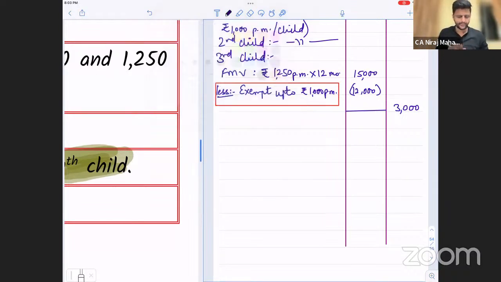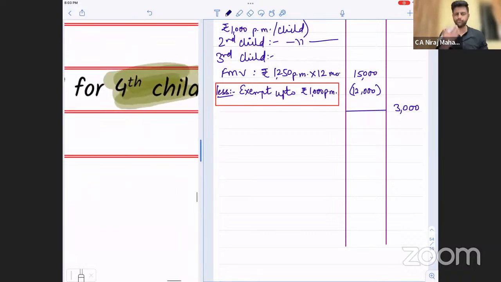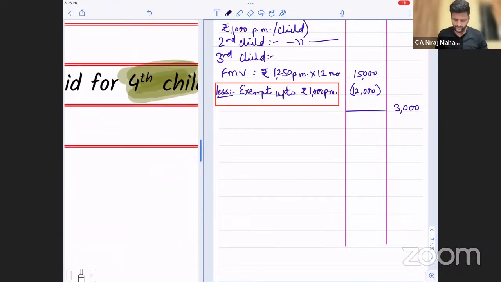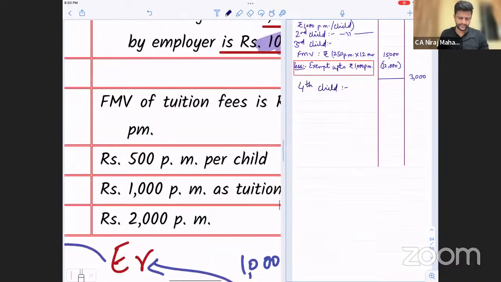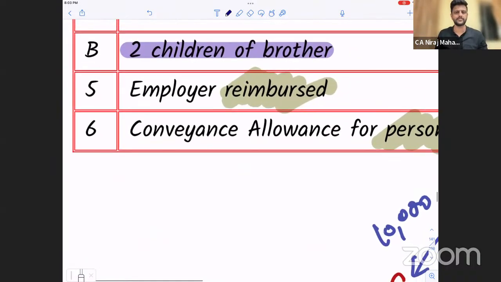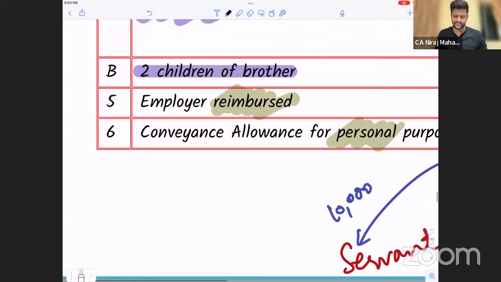Now, if you remember the question, the 4th child: there are 4 children of own. What about the 4th child? Is he provided education facility? No, he is not provided education facility. But the employer reimbursed his fees.